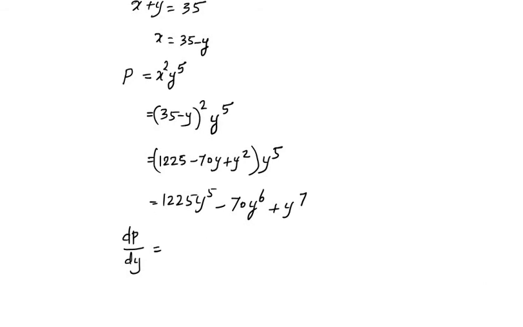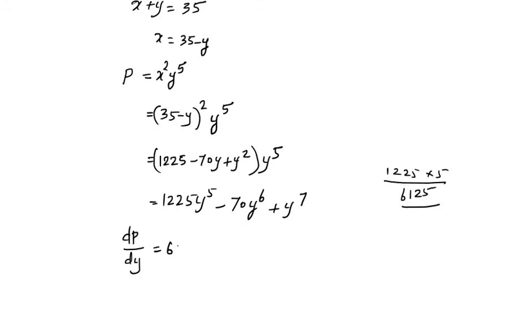See now, what will we get, 1225 into 5? That is 5 5s are 25, 5 2s are 10 plus 2, 12, 5 2s are 10 plus 1, 11, 5 plus 1, 6, so 6125.